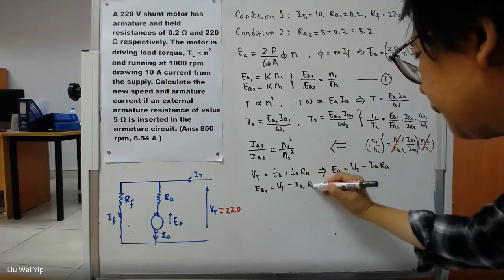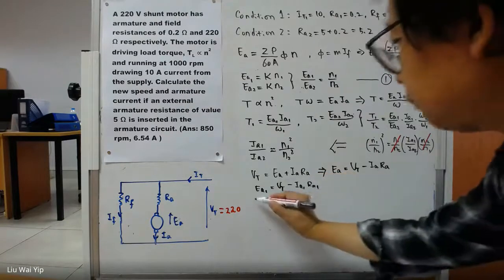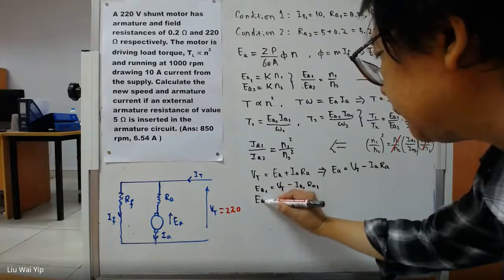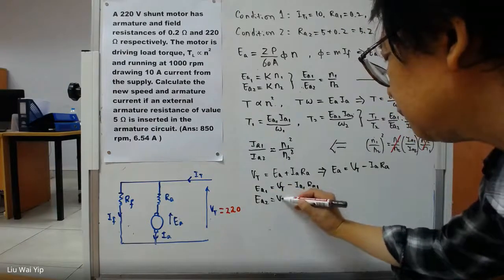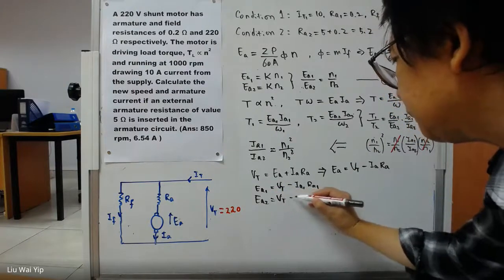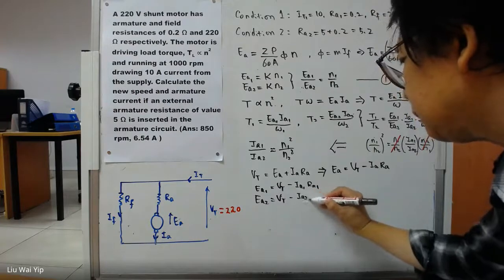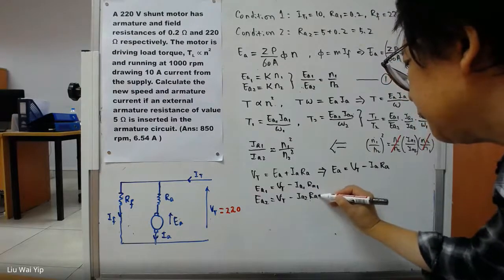We have also EA2, which is VT minus IA2 RA2.